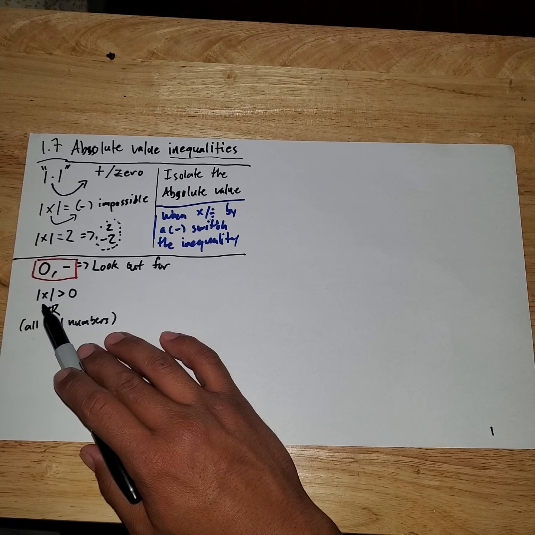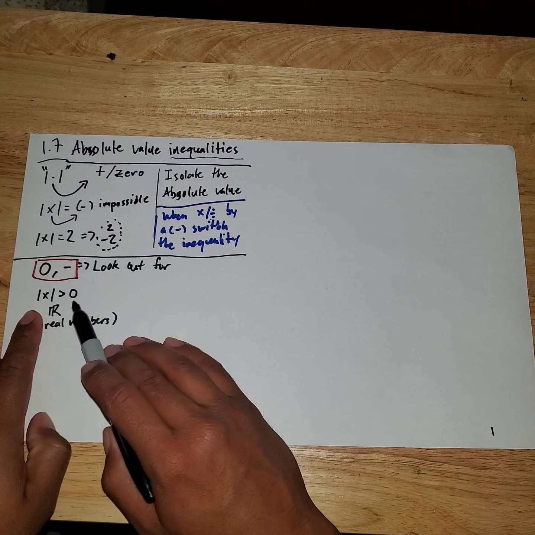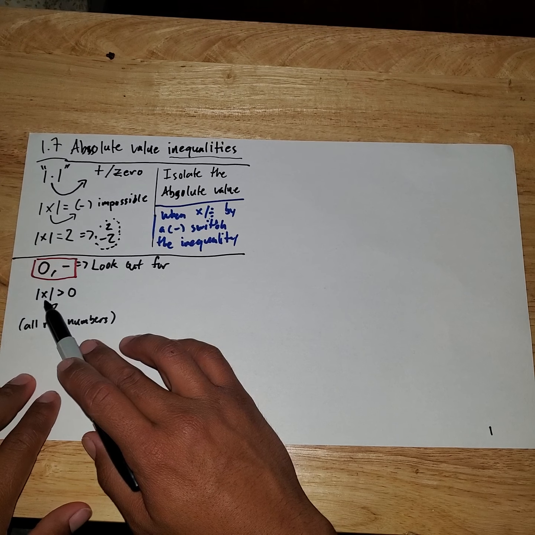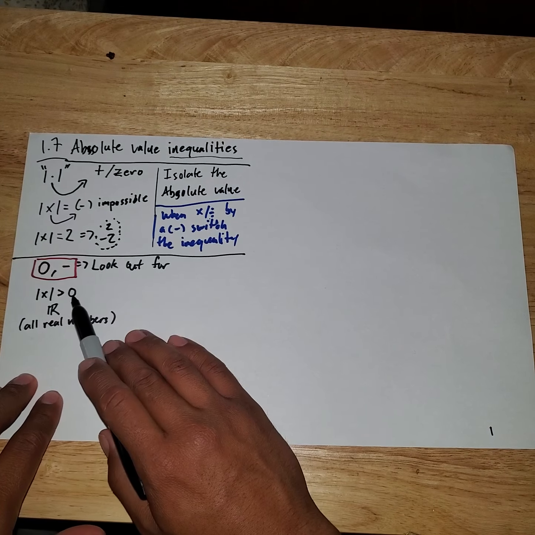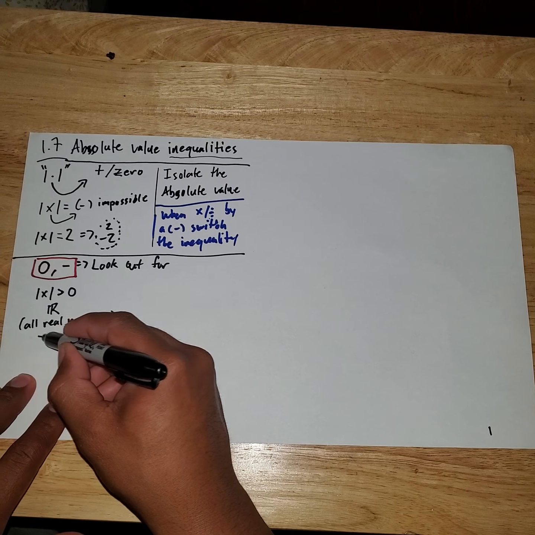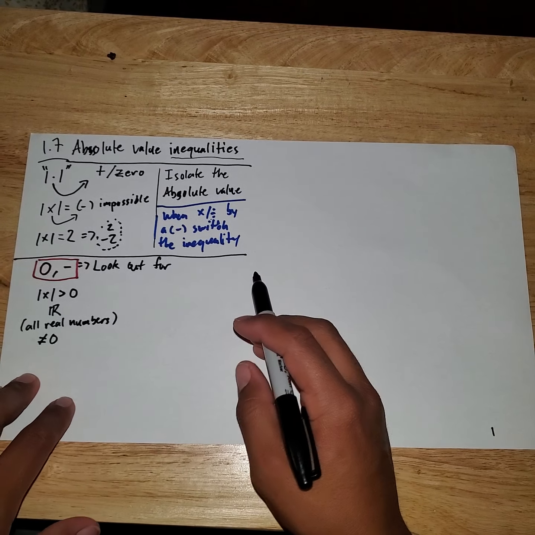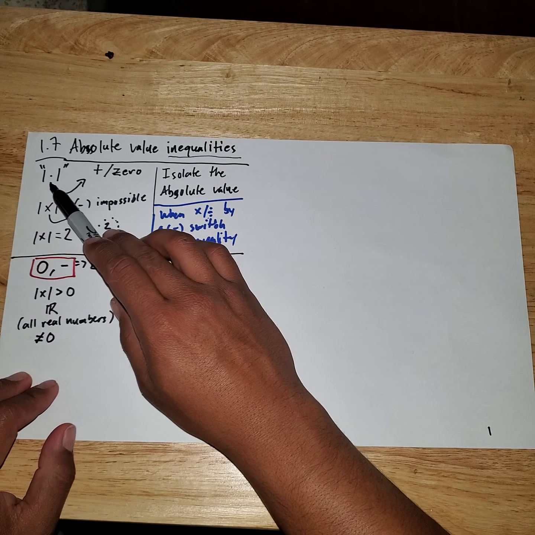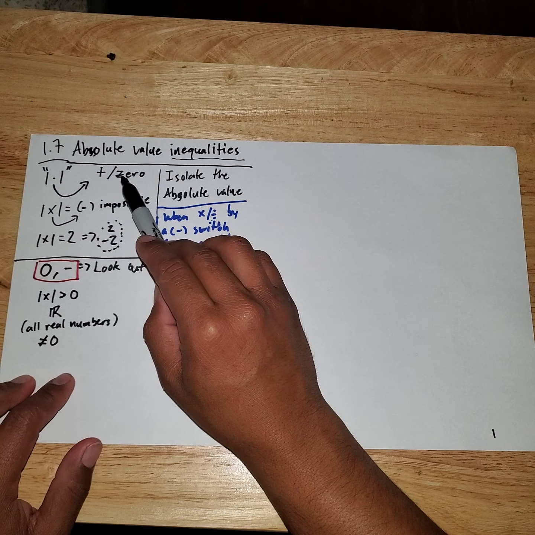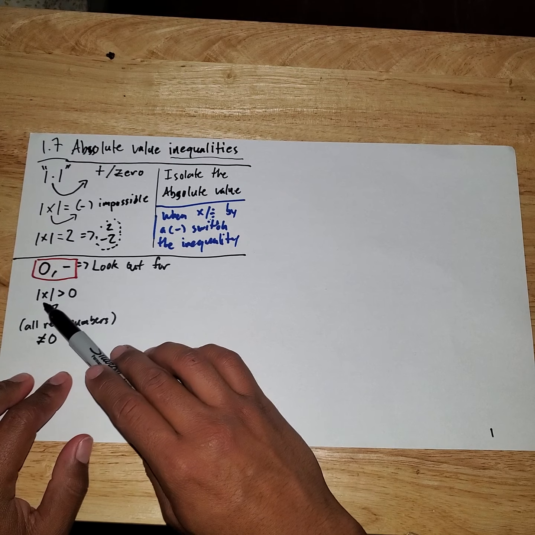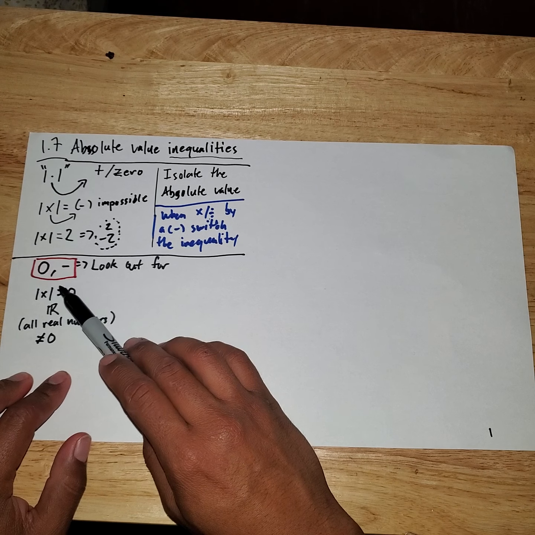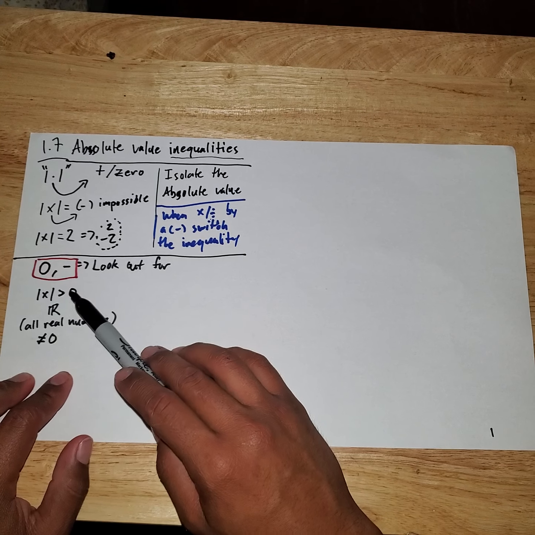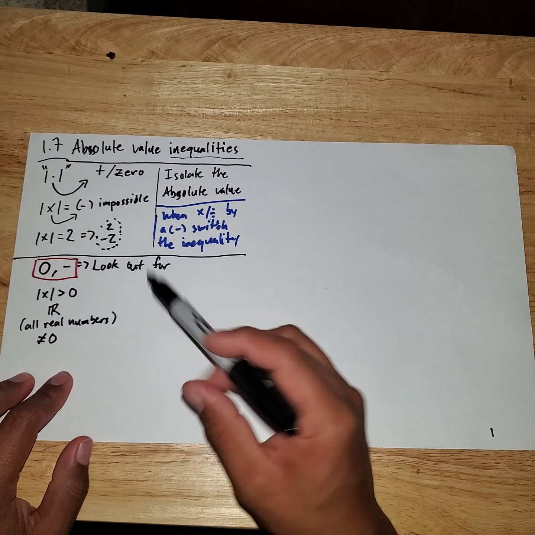And this is both, because if we put a negative 3 in here, what's going to come out is positive 3, which is also bigger than 0. We put in positive 3, we're going to also get positive 3 back out, which is also greater than 0. But the only thing this cannot be equal to is 0. Because we know the only things that come out of absolute value are either positive or 0. But here, the only answers that make this inequality true, that this side, remember, is bigger, this side has to be smaller. All the positive numbers are bigger than 0, but 0 is not equal to 0.